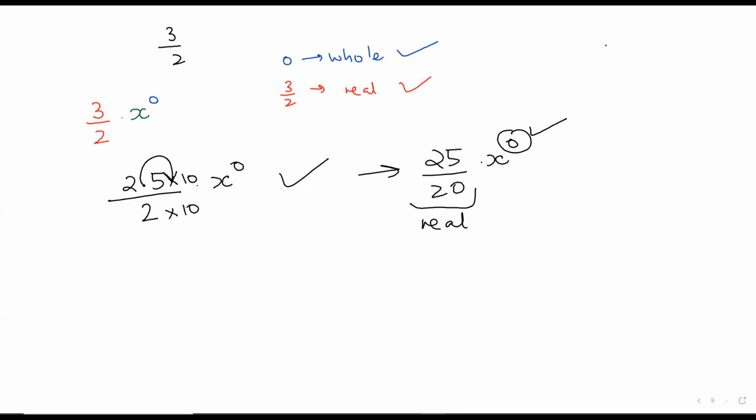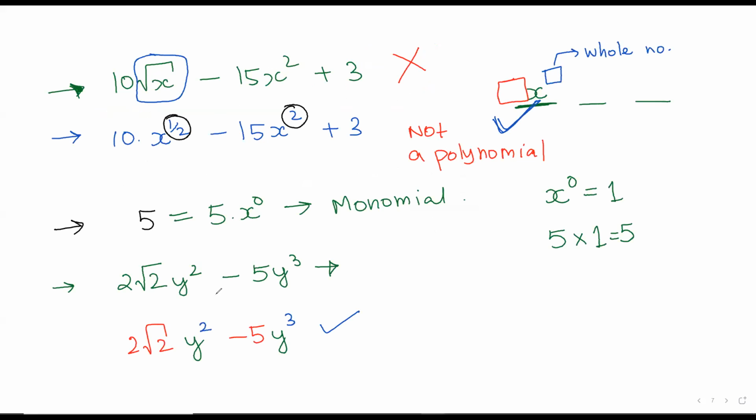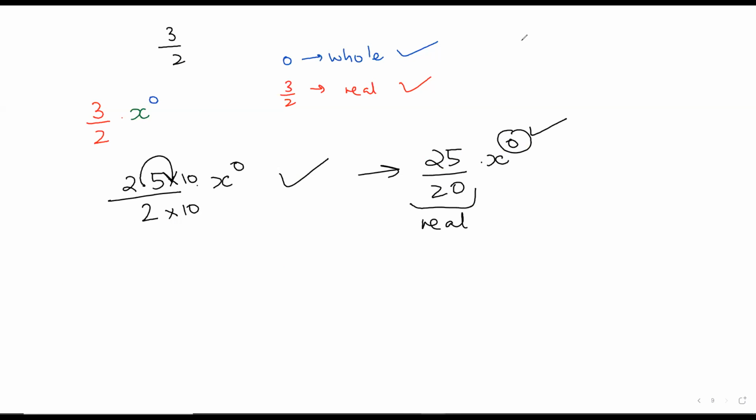Ma'am, if the coefficient is an irrational number, it will also be a polynomial. Yes, just like we saw over here, root 2 is irrational, right? But it is still a polynomial. Why? Because when you are checking for a polynomial, your checklist should be this: your exponent should be a whole number and your coefficient should be a real number.